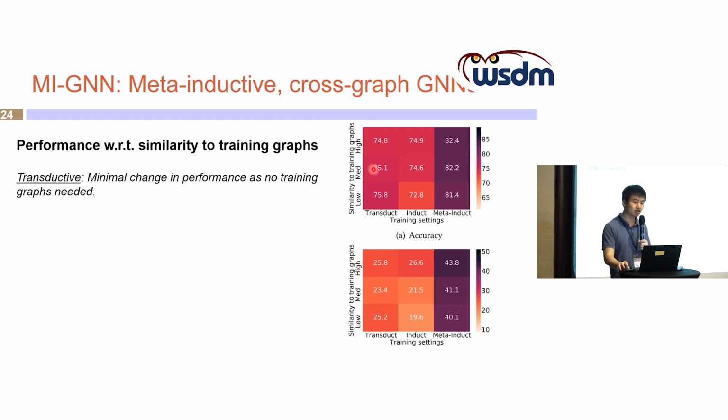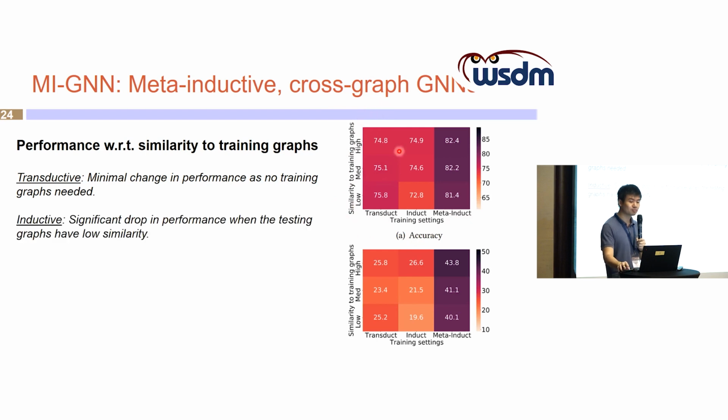You can have high similarity, medium, or low. For the transductive setting, you can see that basically there is no change in different groups, because transductive only learns from this one single graph. So there is really no training and testing concept. It doesn't require training on a separate graph, so there is no change.